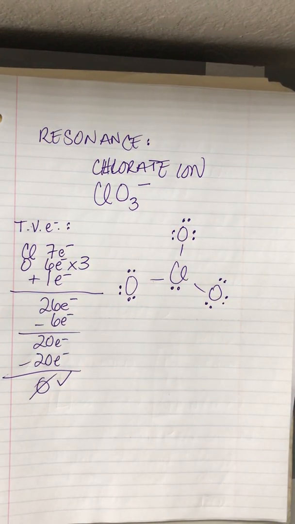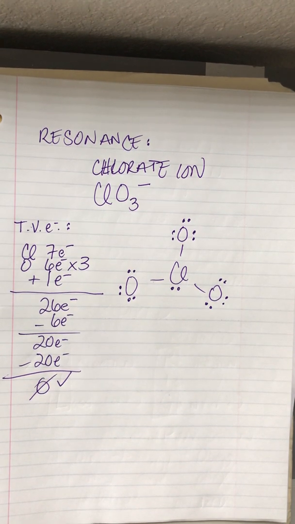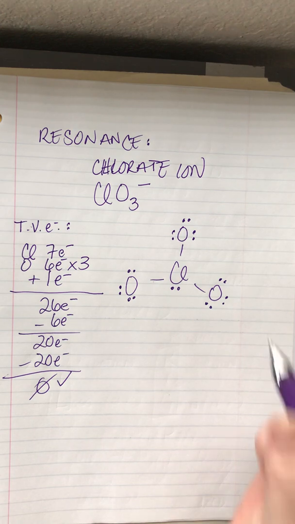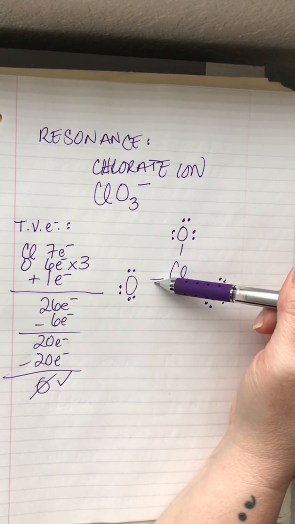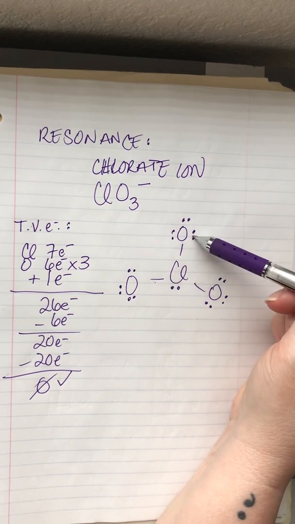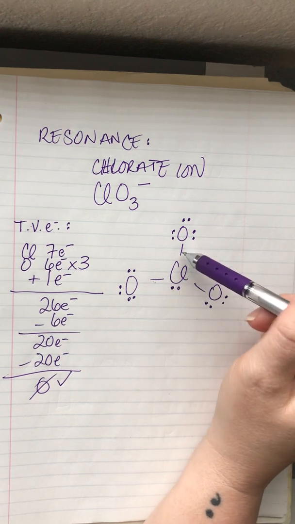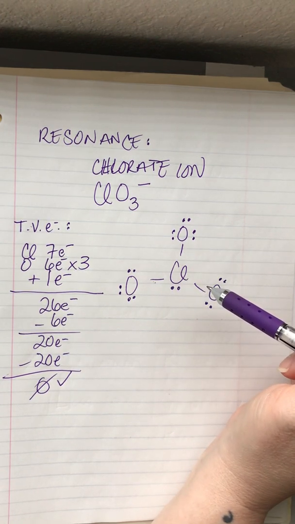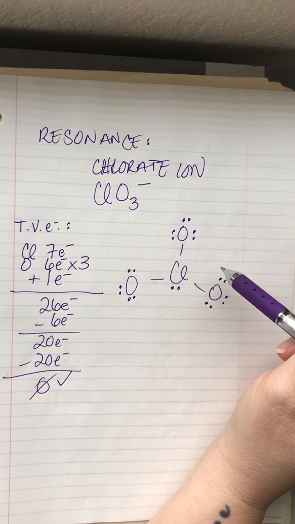So we used up all of our electrons. What's the next thing we want to check? Formal charge. Before we do formal charge, there's something else we need to check. The octet rule, exactly. So we have 8 electrons around each oxygen, so everybody has a full octet. Questions about that? We're okay with it.